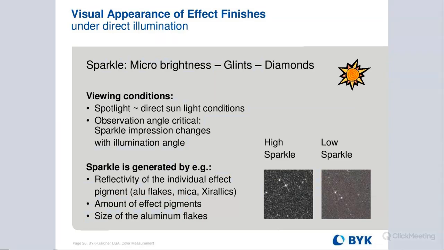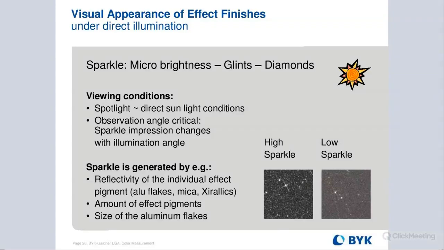So for sparkle, if you're looking at it inside, you would need a spotlight to mimic direct sunlight that would be outside. The angles are critical on this. There are 3 different angles that he talked about too. Those angles, depending on what's going on with your material, can give you an idea if it's material related or if it's process related.